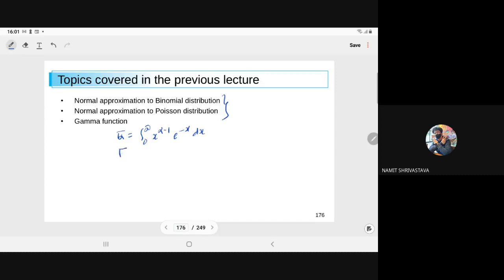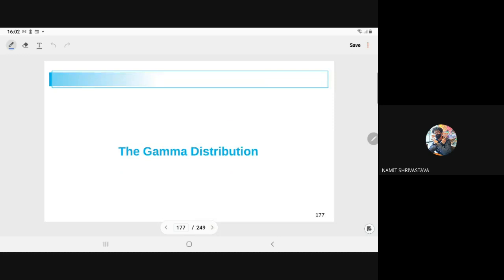And from here, we know the results: for alpha greater than 0, gamma of alpha is equal to alpha minus 1 times gamma of alpha minus 1; gamma of 1 is equal to 1; gamma of half is equal to root pi; and gamma of alpha is equal to factorial of alpha minus 1 when alpha is a positive integer. So these results we have seen in the last class.